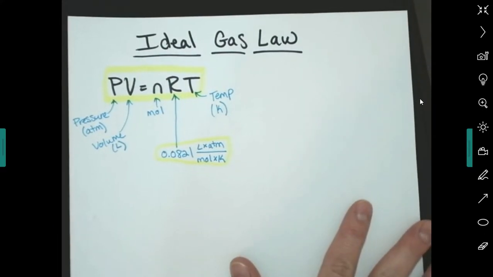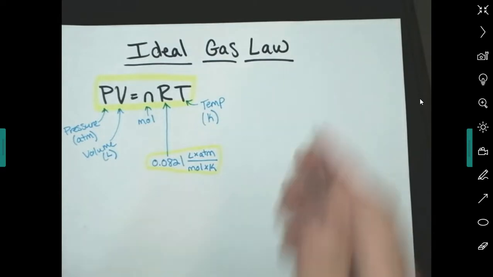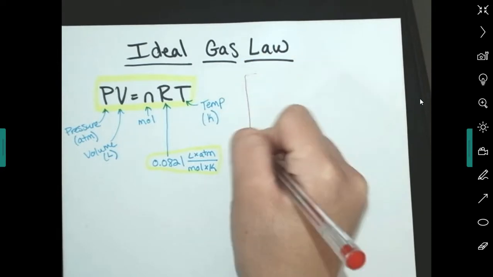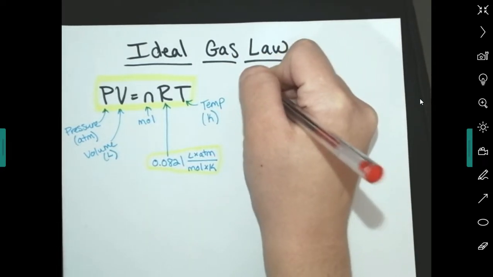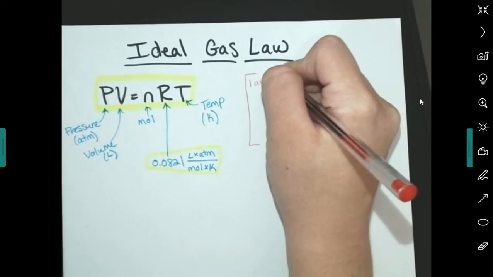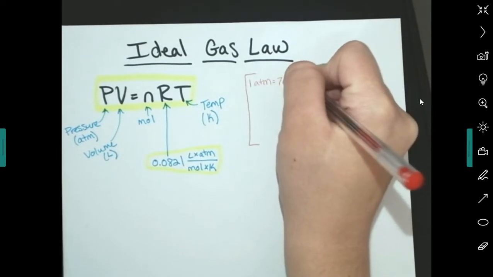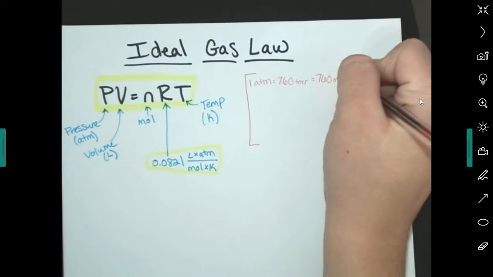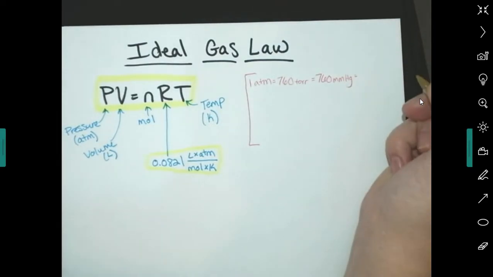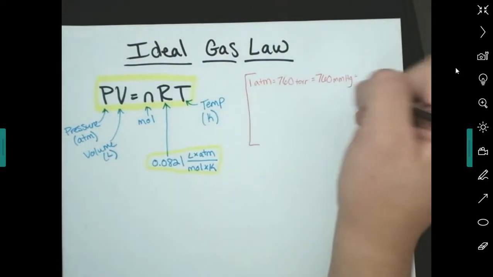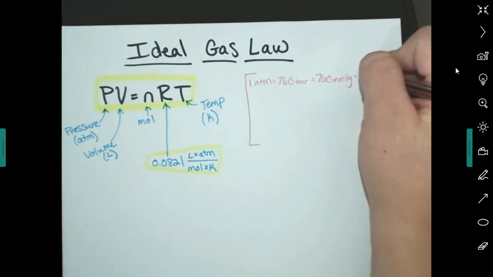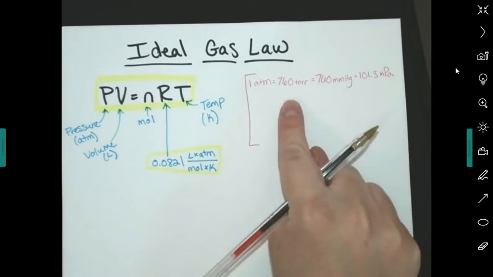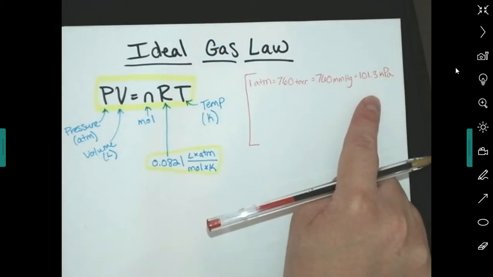And so in case we've forgotten how to convert these things, let's write our conversion factors over here to the right. So let's remember that 1 atmosphere is equal to 760 torr, which is equal to 760 millimeters of mercury. Remember, a millimeter of mercury and torr, those are the same thing. And it's also equal to 101.3 kPa. That's kilopascals. Okay, so those are our conversion factors for pressure.